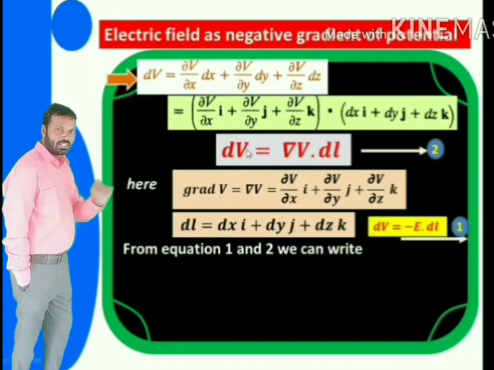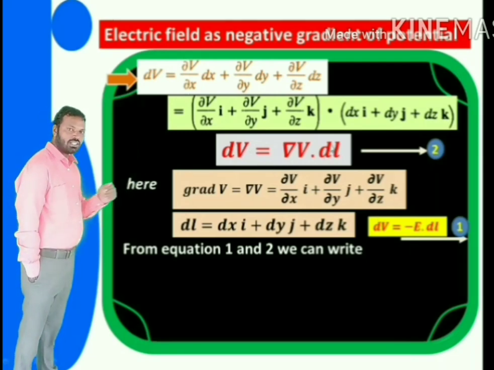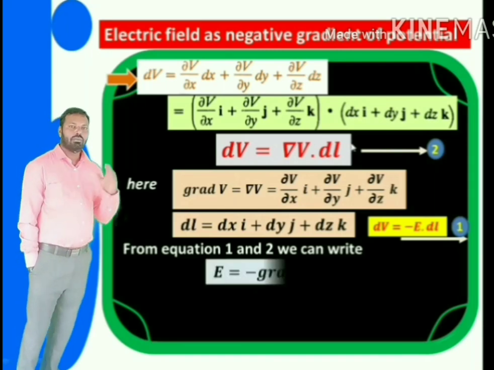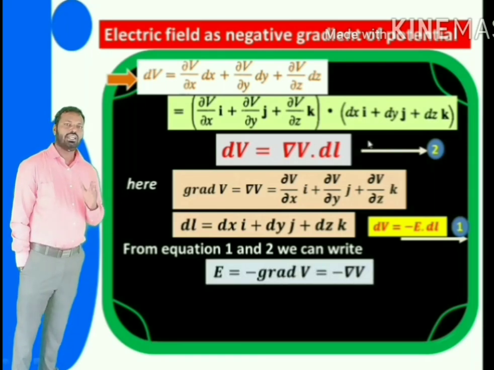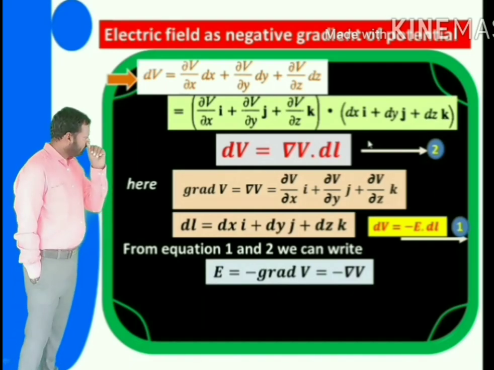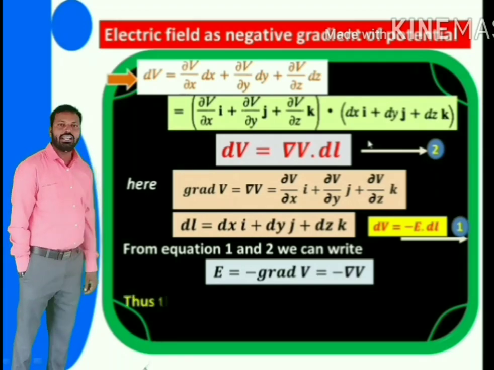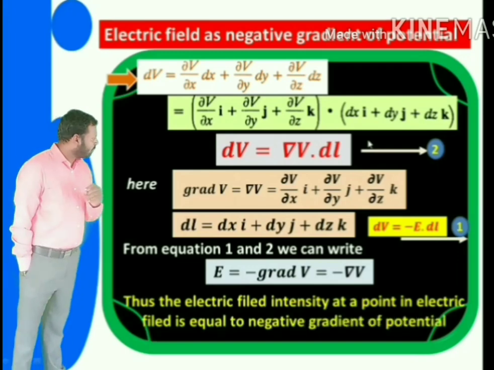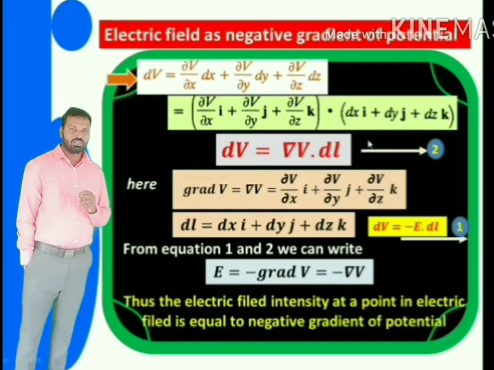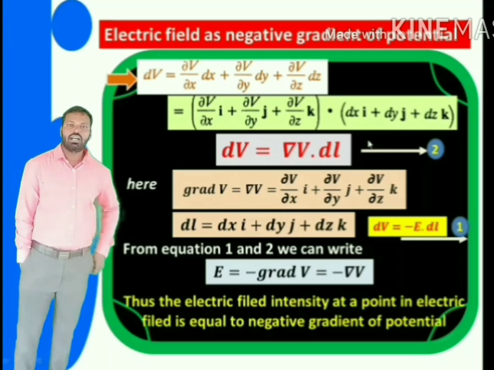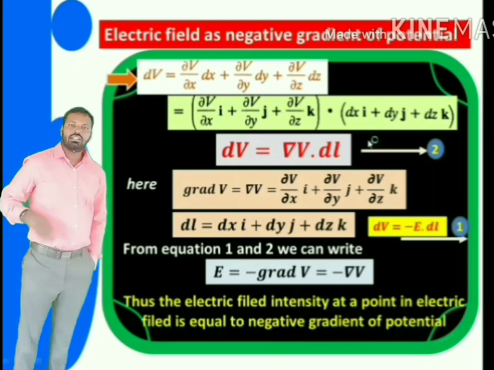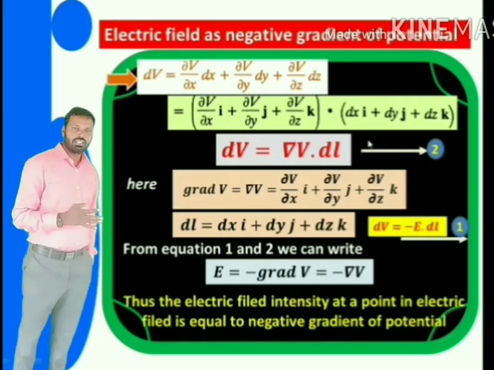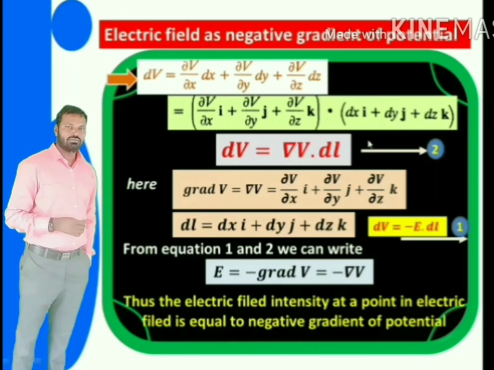Both left hand sides are equal, so if I make the right hand sides equal, then minus E is equal to del V, that implies E is equal to minus del V, that is equal to minus grad V. Thus the electric field intensity at a point in an electric field is equal to the negative gradient of potential. So I can express electric field as the negative gradient of potential.